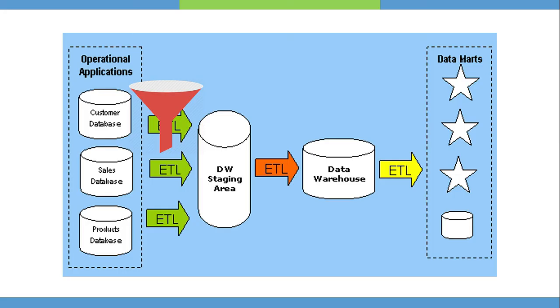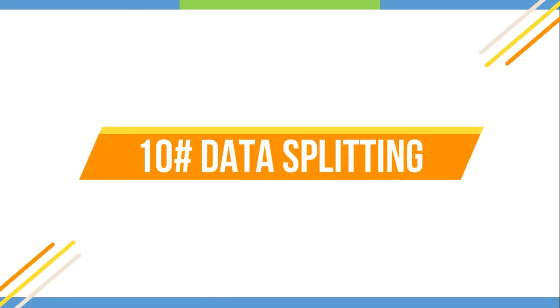We do not want to load the database with something that we do not want. So we need to make sure, if it's possible, before staging, we do it at that point. If not, then we load everything in staging and we do it in the data warehouse. But in the best case, it is better to do data filtering before loading the data in the staging database.